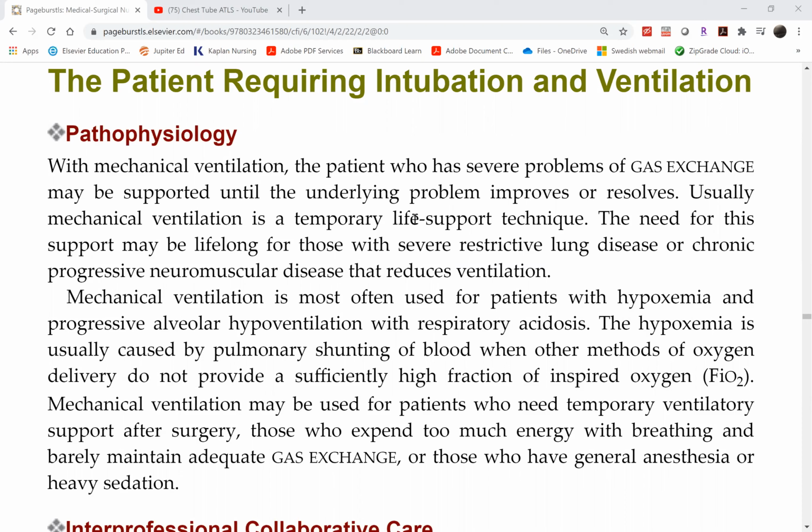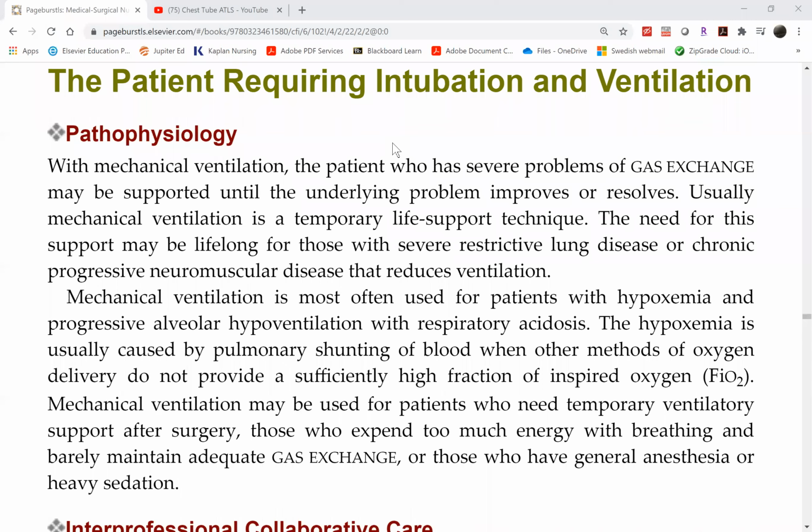All right, so let's start now with the ventilation modes. One thing to remember is ventilators do not cure the underlying disease. The main purpose of mechanical ventilation is to support ventilation.